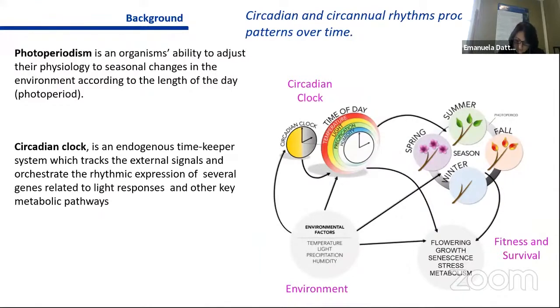And this is made possible by the circadian clock, an endogenous timekeeper system which is able to track the external signals, mainly from light and temperature, and to orchestrate the rhythmic expression of several genes, which are related not only to light, but also to many other key processes for the plants.